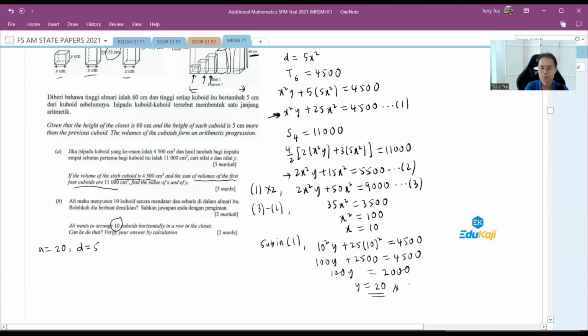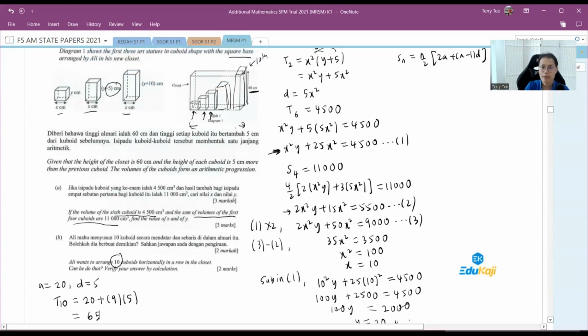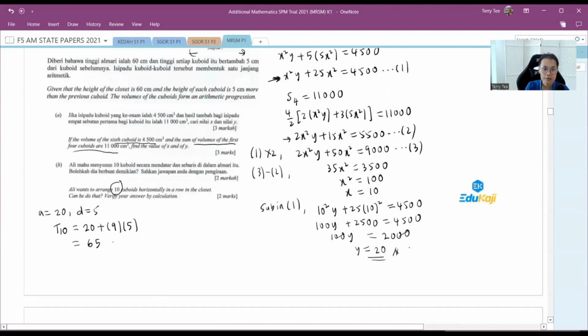We just need to find out whether the height of the 10th cuboid exceeds 60 or not. So let's find a plus (n minus 1)d, this is 45. 45 plus 20 is 65, right? So this 65 is already more than the height. The maximum height I have is 60, right? So this is greater than 60.